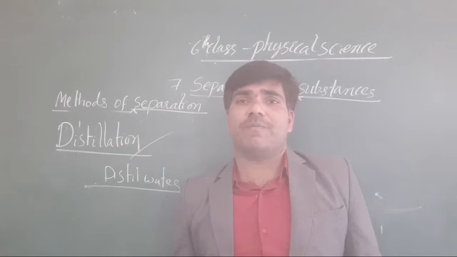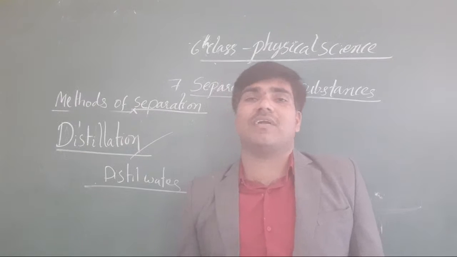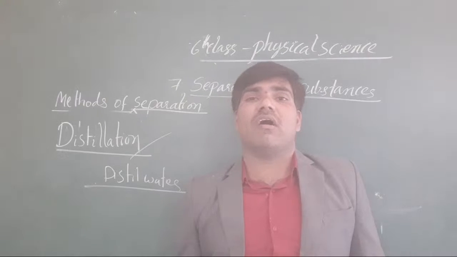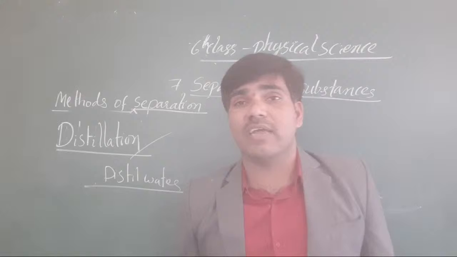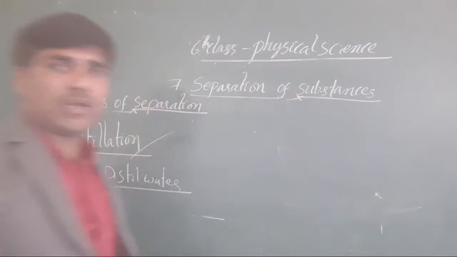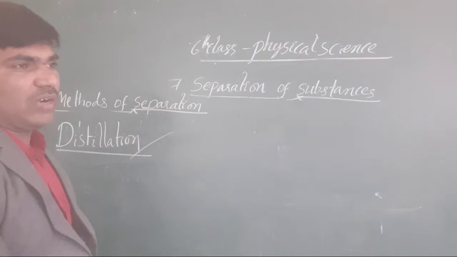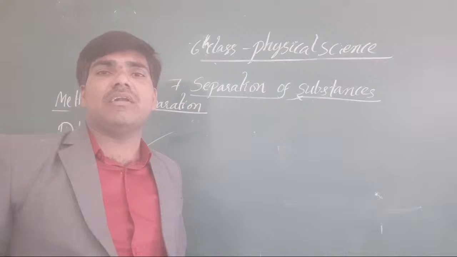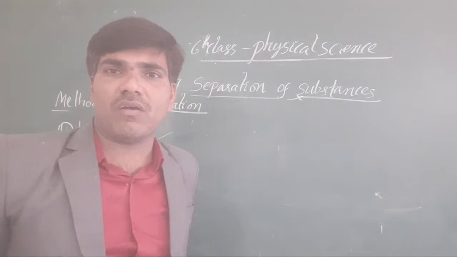That water vapor is cooled down and converted again into water. That water is called distilled water. After evaporation, when the vapor of water cools down, it automatically becomes distilled water. Okay, clear or not, all the students?